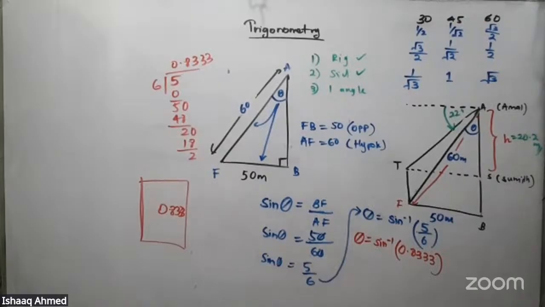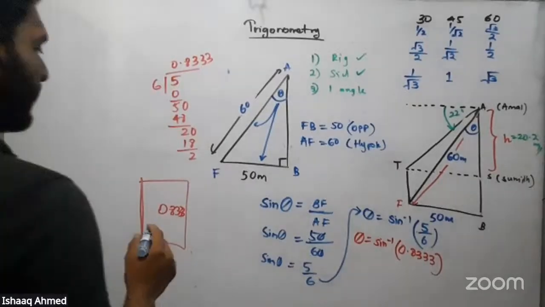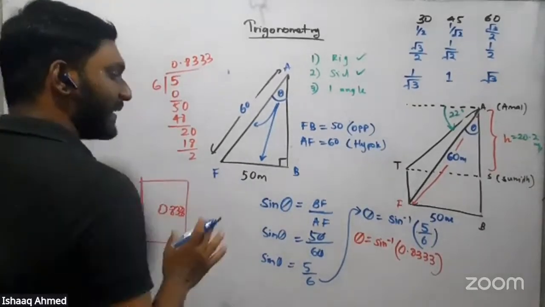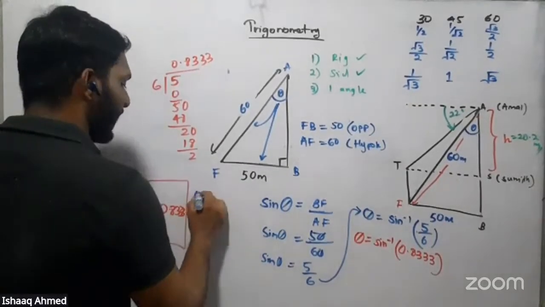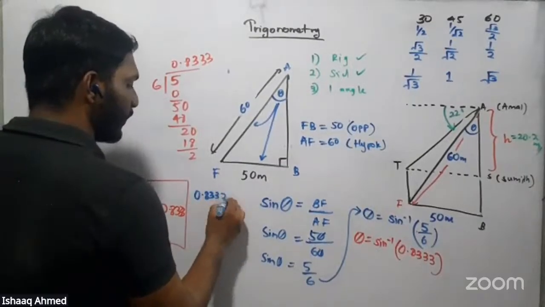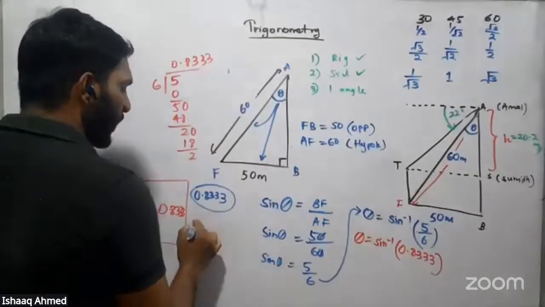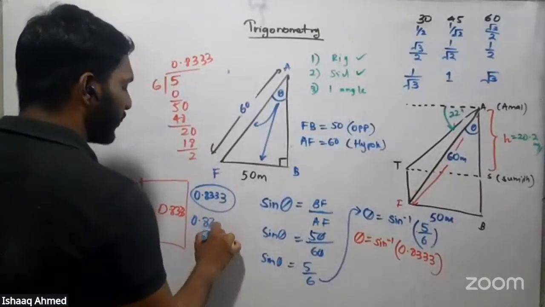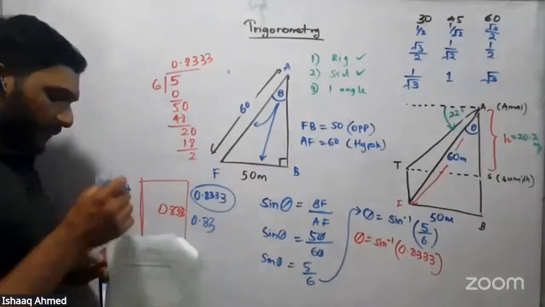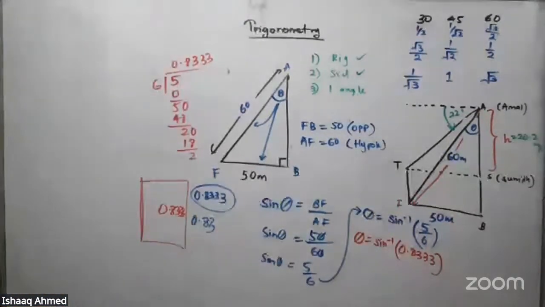It will be around 56 degrees. Sometimes 0.8333 won't be there exactly. Just like logarithm, you have to find the value closest to 0.8333 in the sine table. Is it 0.8332? Is it 0.8330? What is the closest value to 0.8333?